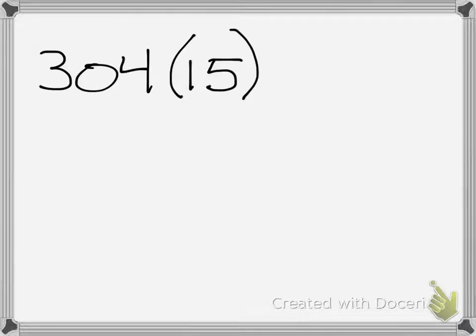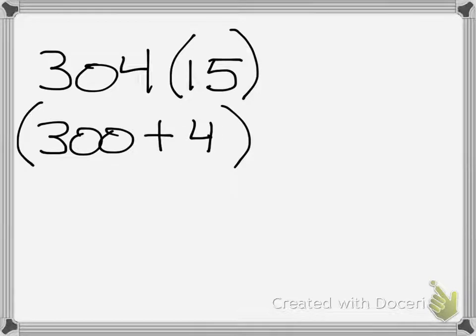Well, I might want to break up the 304 into 300 plus 4, and group it together and leave the 15 where it is. That way you could see that we would use the distributive property, and I'd be doing this technically all in my head, to get my answer.